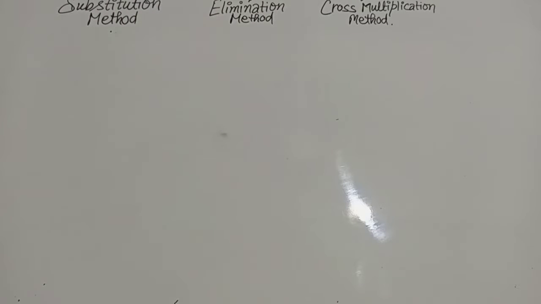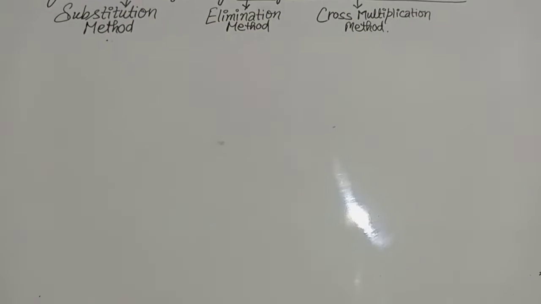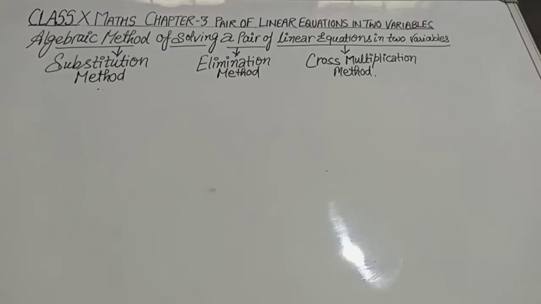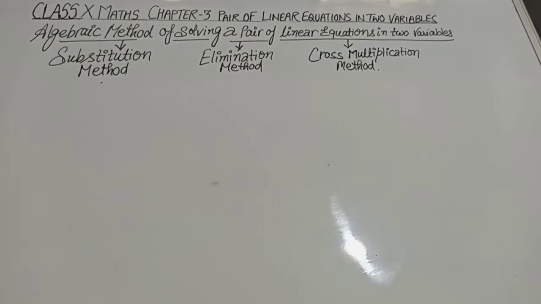The elimination method is so easy. Most of the time we use the elimination method, in this class and in our higher classes and competitions, because it is so easy. You give a minus, then you change the sign and solve it.